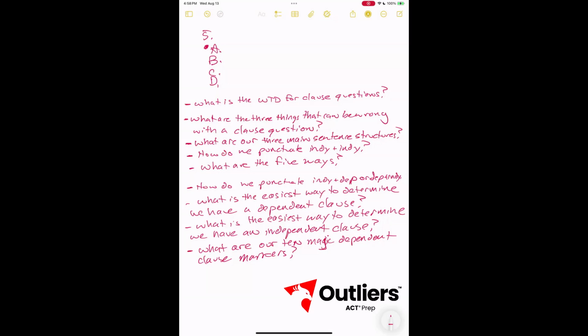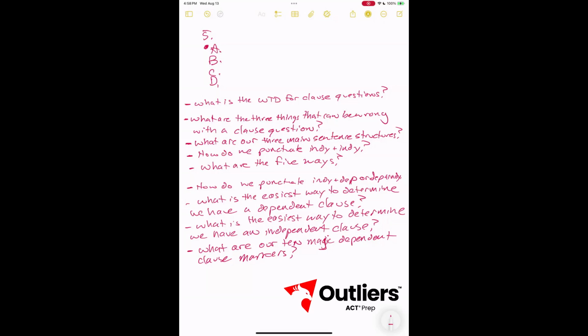Answer B. So is there punctuation in the middle of a clause? The answer is no. Is there an independent clause in the sentence? Read it and ask yourself, is there an independent clause in the sentence? The answer is no. The answer is no for B, because they switched out the verb used and turned it into a participle using.